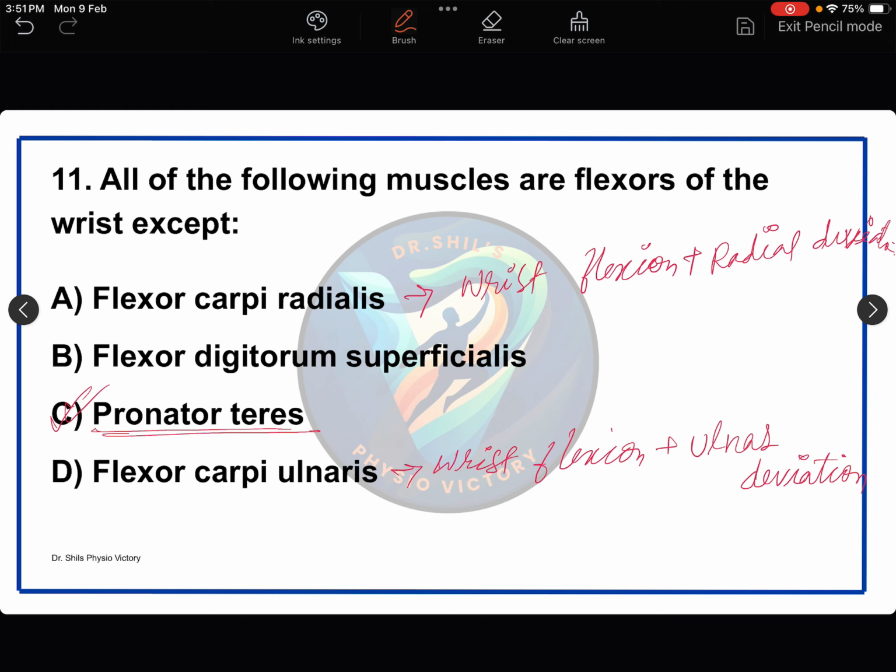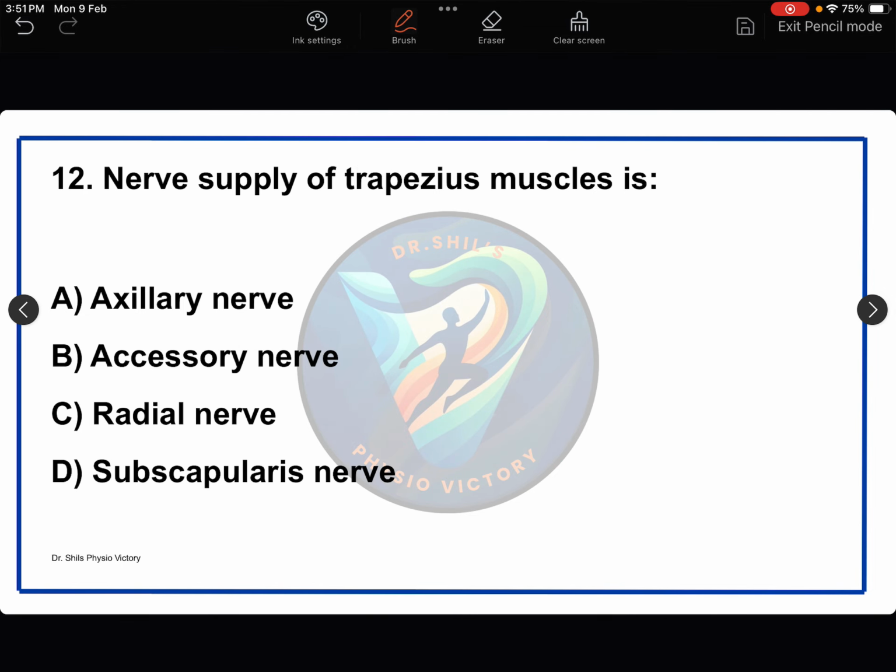Flexor digitorum superficialis: finger flexion plus wrist flexion.